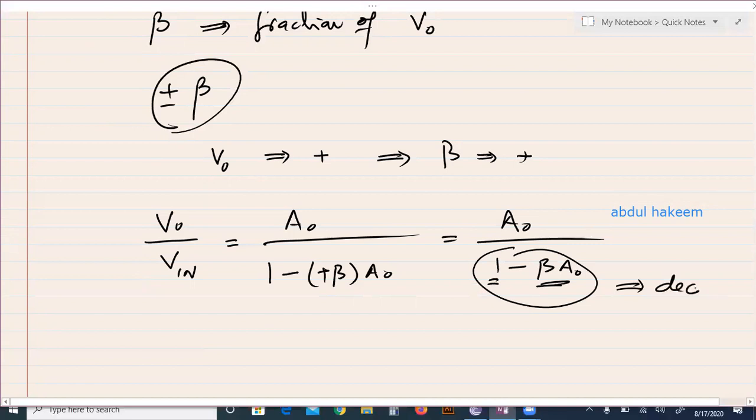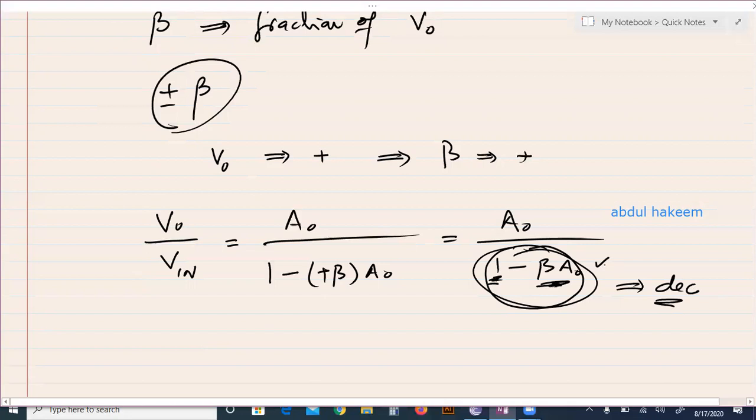So when positive feedback is given to the OpAmp, positive beta is added in the input terminal, the value of the denominator due to the difference of these two terminals decreases.